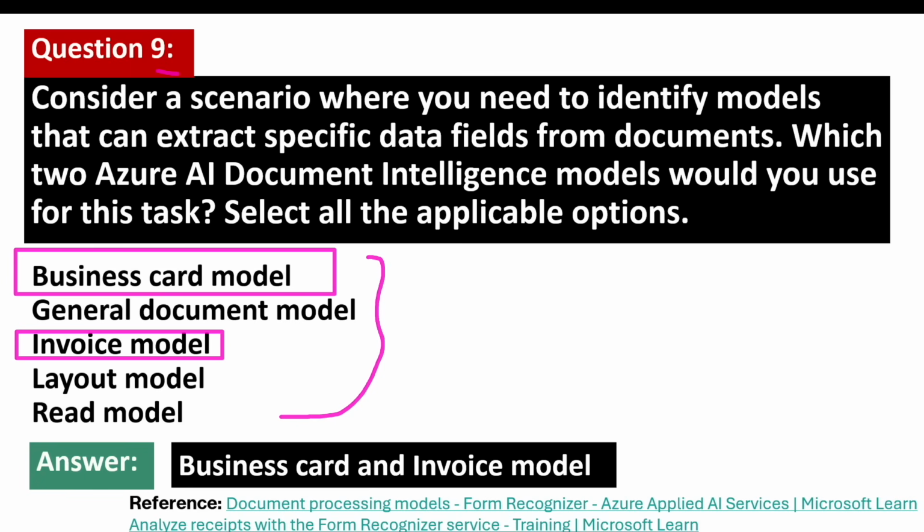It can identify and capture common data fields like name, email, phone number, company name, and job title, making it easier to digitalize and organize business card information. Some of the benefits include efficiency. You can quickly scan and extract data from multiple business cards, saving time. Second is accuracy, which reduces the risk of human error in data entry.